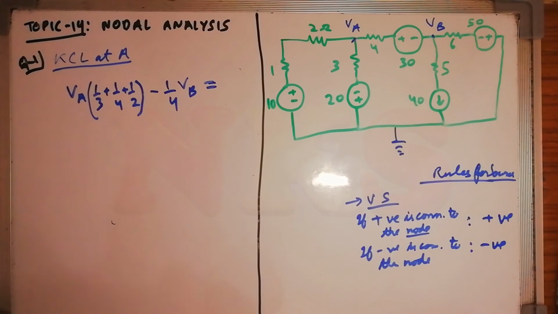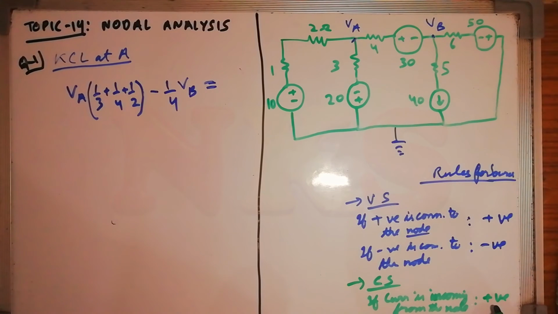Okay, the rule for current sources is, if current is incoming to the node, which node? The node at which we are writing KCL. So if the current is incoming, then take it positive.